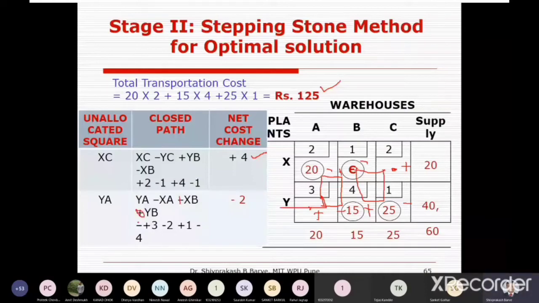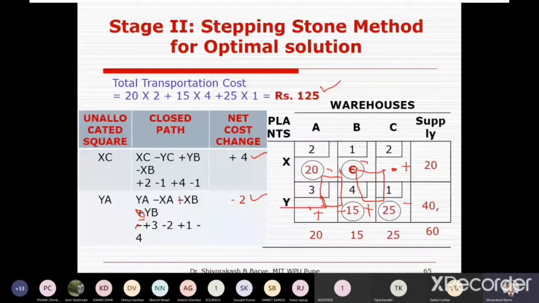So the first value you are getting is plus 3. So this is plus 3 minus 2 plus 1 and minus 4. So here it is 3 plus 1 plus 4 and minus 6. So the value you are getting is minus 2.